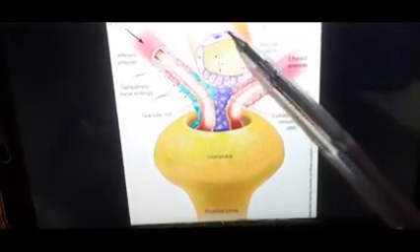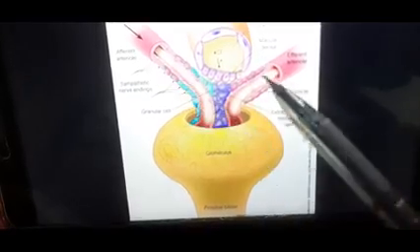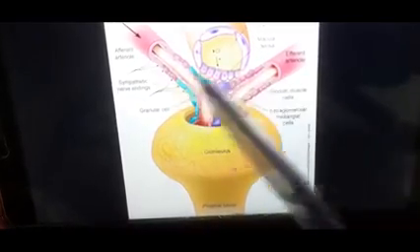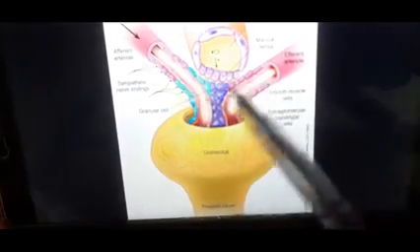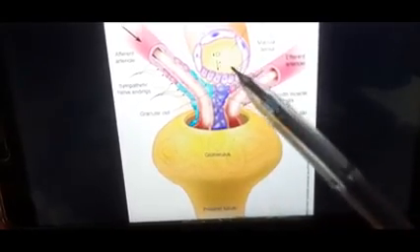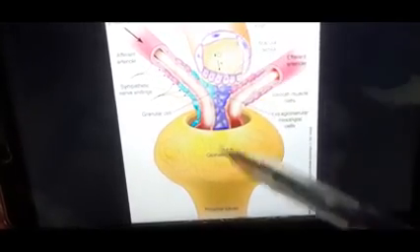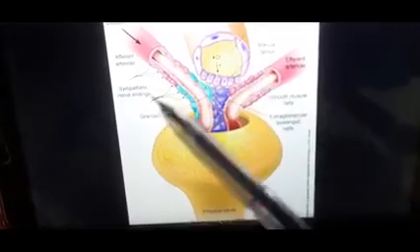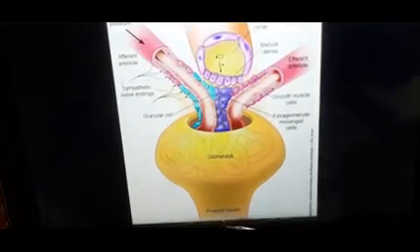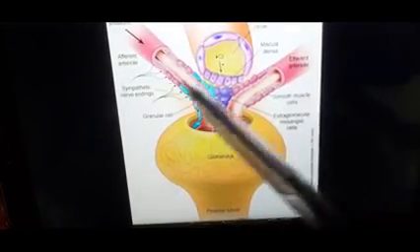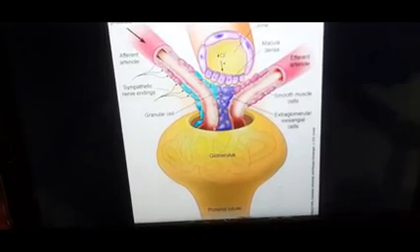So the position of the glomerulus is in such a way that the part of DCT is in close contact between the two afferent and efferent arterioles. This part of DCT, when we see in the longitudinal section, looks like this. So this is the DCT, this is PCT, and these are afferent and efferent arterioles.